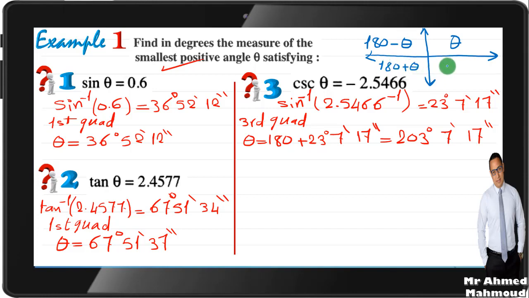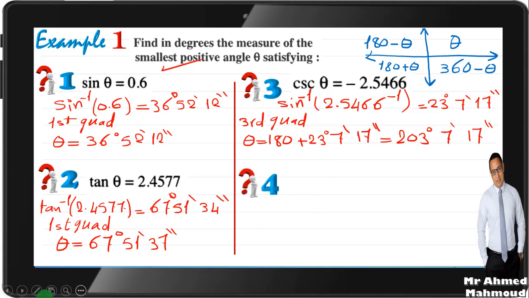In the fourth quadrant, 360 minus theta. Because here the angle belongs to the third quadrant, it will be 180 plus the number given, so it will be 203 degrees 7 minutes 17 seconds. You can check this by writing cosec of this number in the calculator. It gives negative 2.5466 and so on.